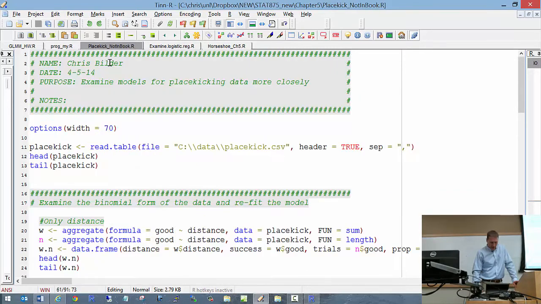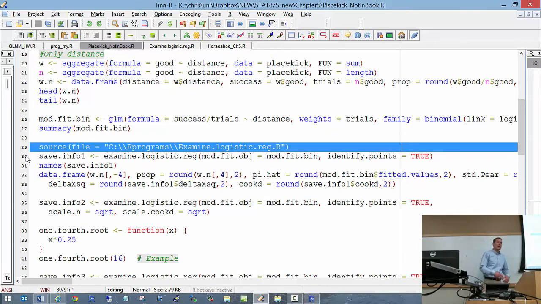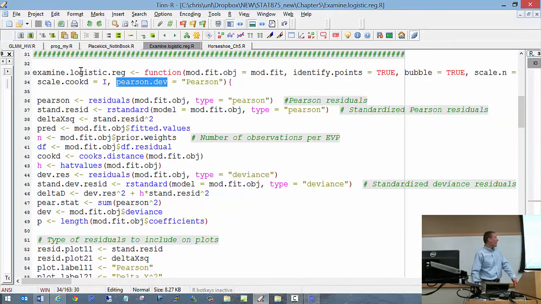I'm going to get to my program here. So to tell R that I want to use that function, I need to get the function into R. What I could do is just simply highlight all this code in my examine.logistic.reg program and then run it.